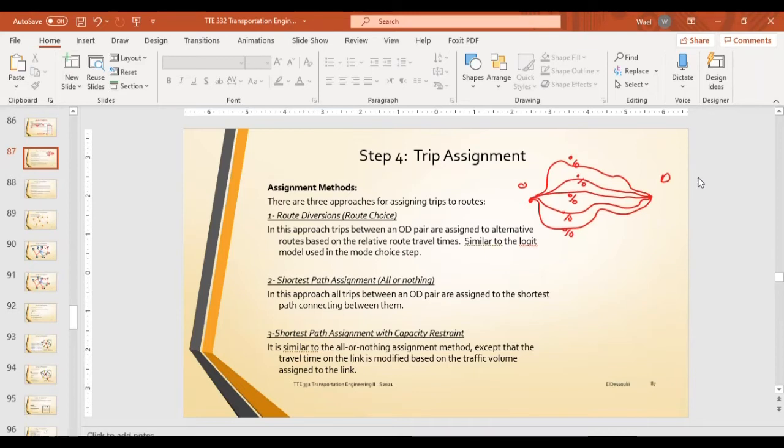That means here we will use the percentage of trips on route i equals e to the power minus travel time on route i, divided by the summation of e to the power minus travel time on route i, where i goes from 1 to n routes.